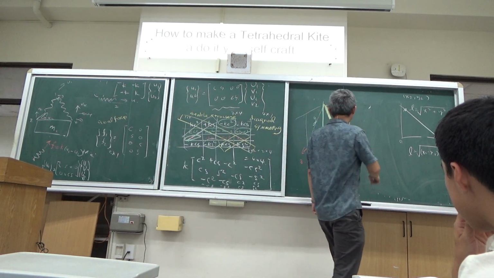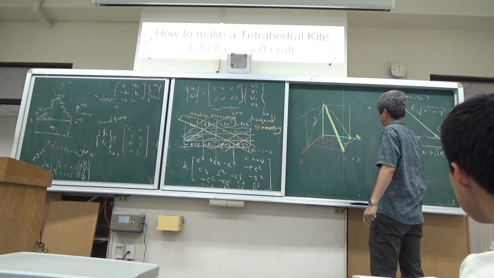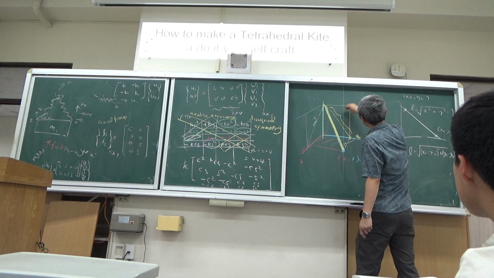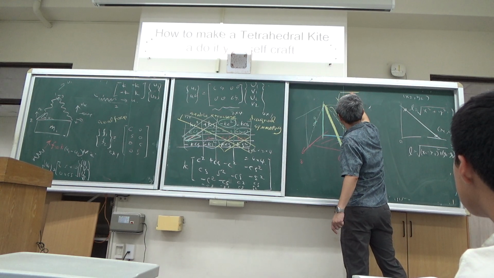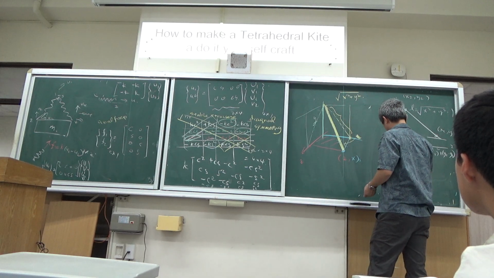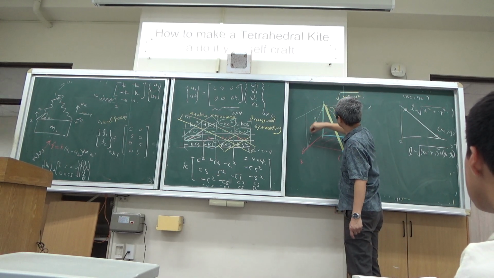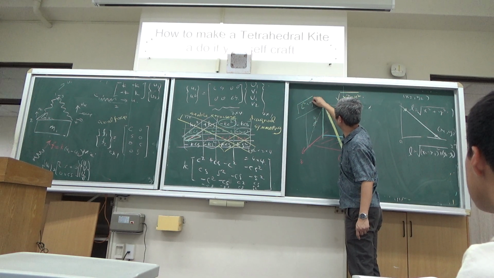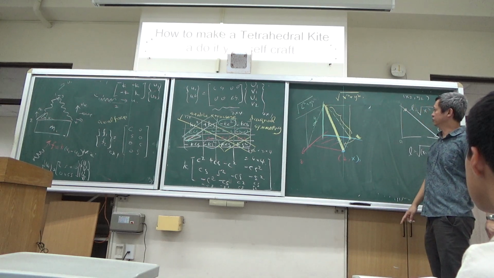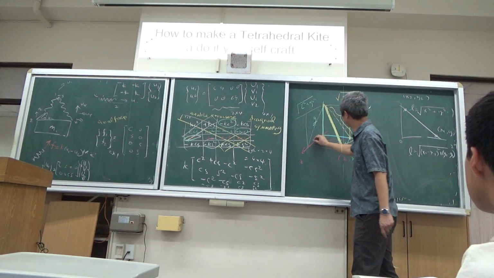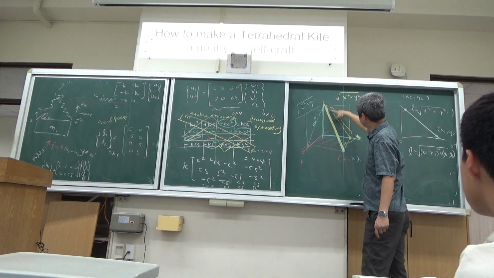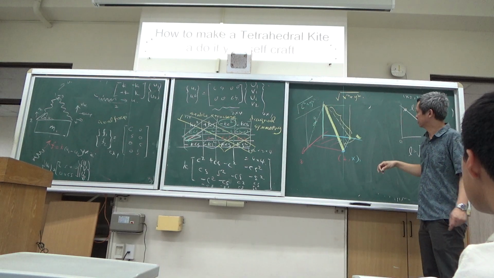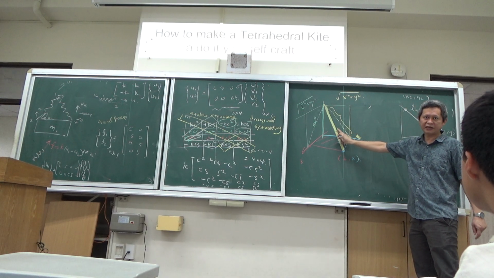And how do you calculate the actual length? For this line, we calculated before, this is x squared plus y squared. For this green line, you can calculate z squared plus y squared. This line is a 90-degree projection of the line here.